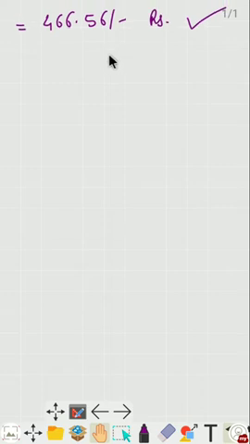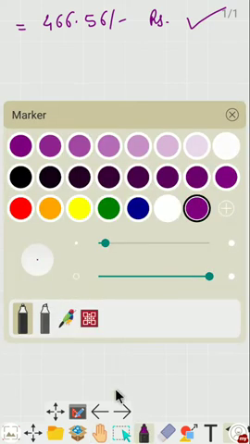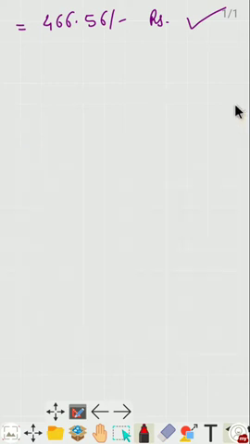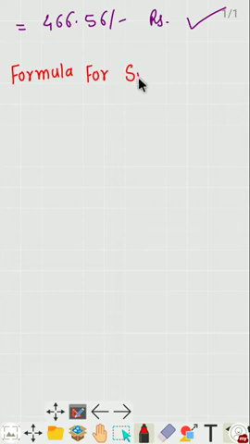Simple interest. Let us first write the formula for simple interest. Right here, formula for simple interest.